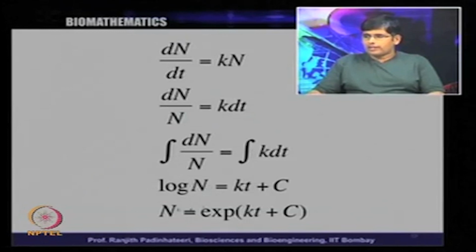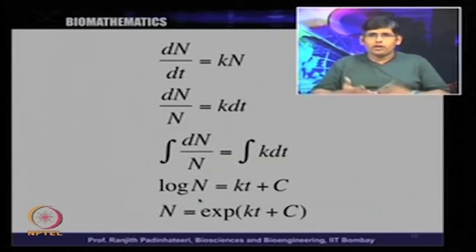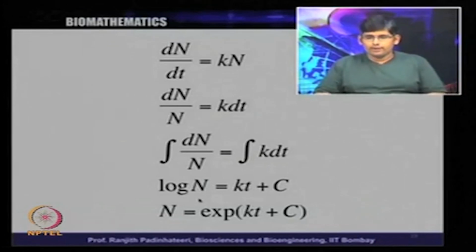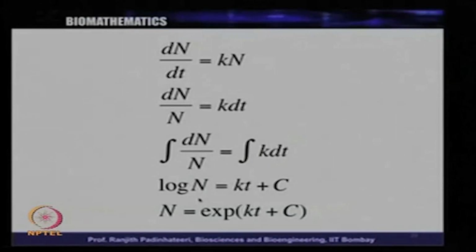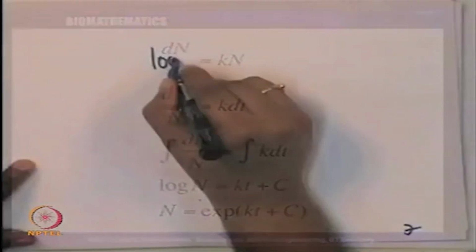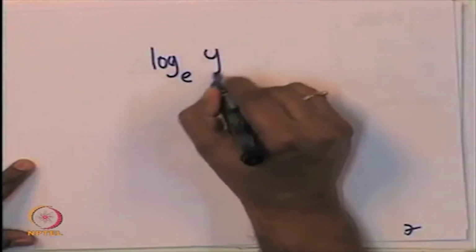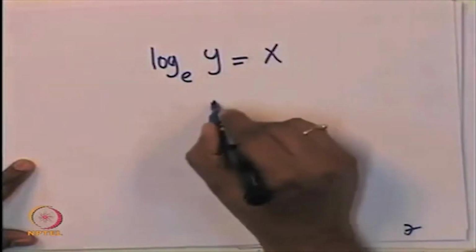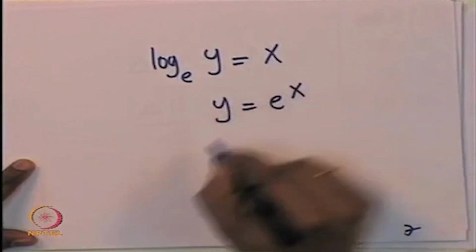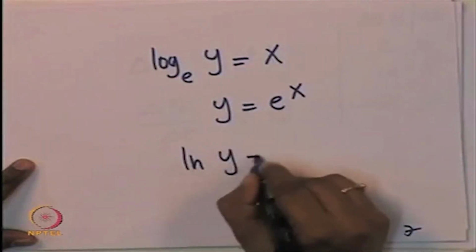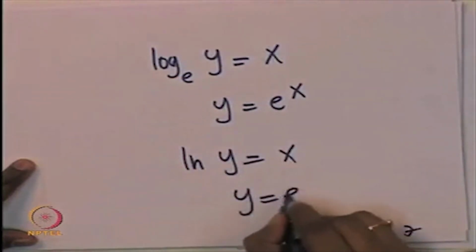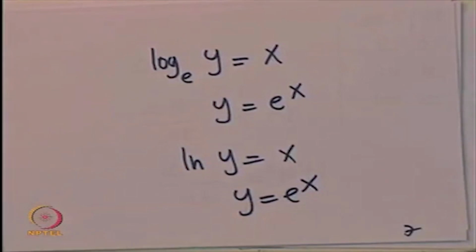Now, this log is a natural log, log to the base e, or ln. We studied that log to the base e of y is x means y is e power x. In other words, ln y is x, y is e power x. This is something that we studied before.